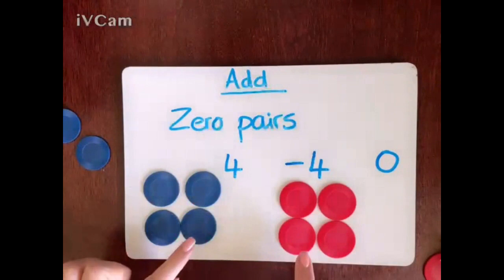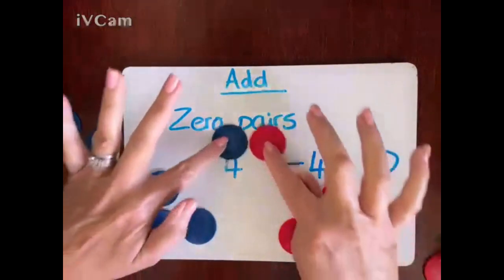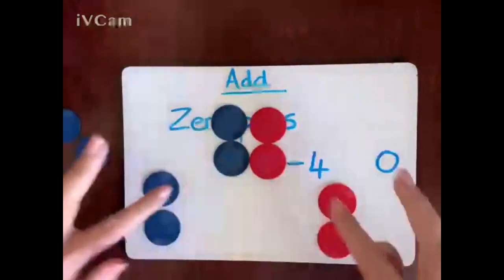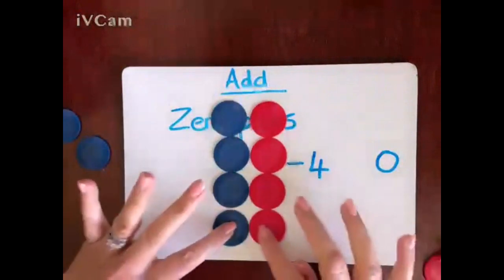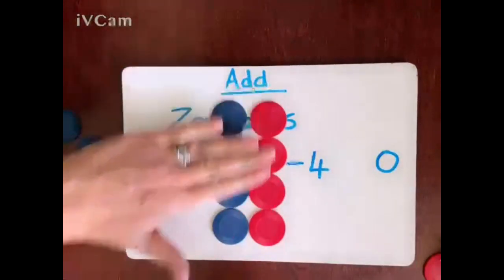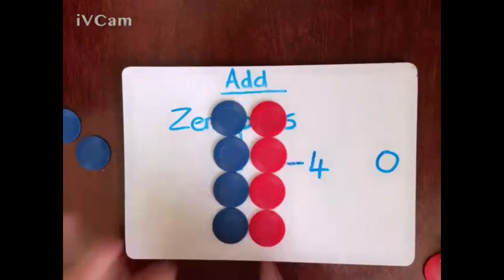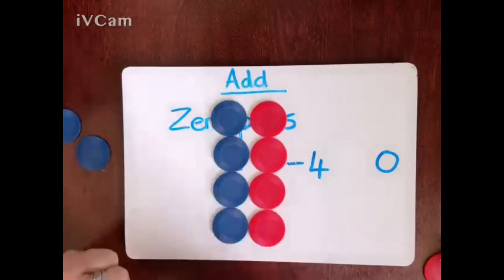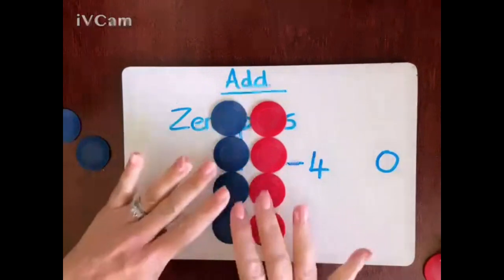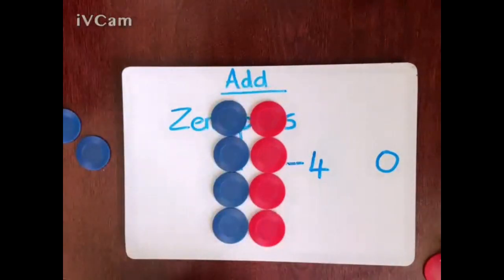So what we actually do is we make pairs of these blue and red discs. And as soon as we have equal pairs there, a blue and a red one makes a 0. So you can add in zero pairs, or you can take away zero pairs.